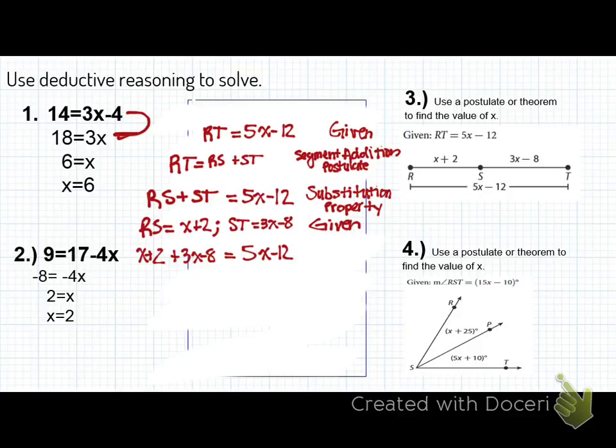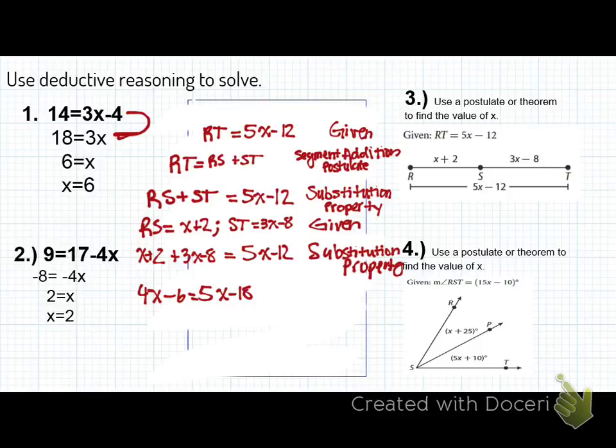What's it called when we replace things? Or what property is that? Think of a hamburger. Right, we're substituting. Okay, and then we're going to combine like terms. We got 4x minus 6 is equal to 5x minus 12.